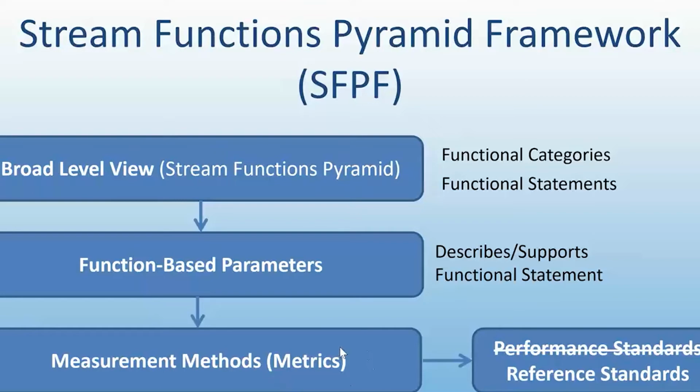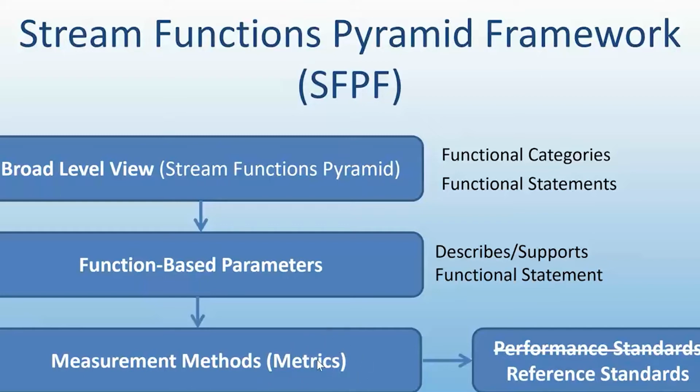So if you go and read the original Stream Functions Pyramid Framework document, it's a short read. It's like 340 pages or so. We use the term measurement method in that document, but most SQTs now use the word metrics. So I have tried to be consistent from here forward with just saying metrics.